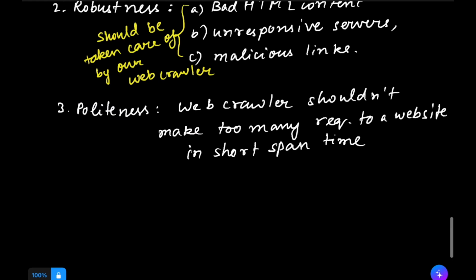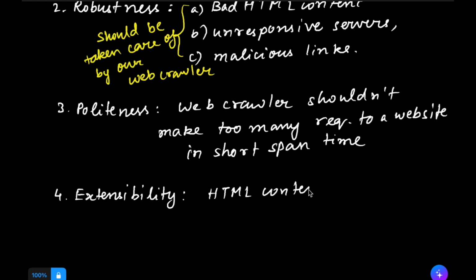And the last and final thing which we should take care of is extensibility. What is extensibility? Till now we have confined our looking over the web pages to HTML content only. Suppose in future I also want images.